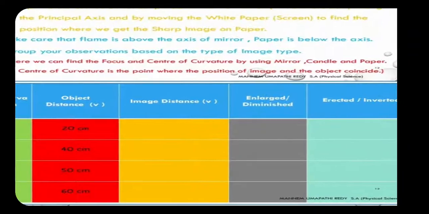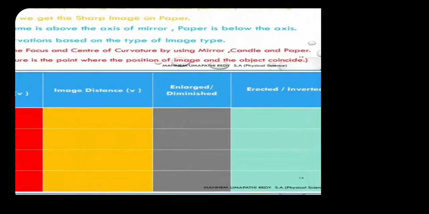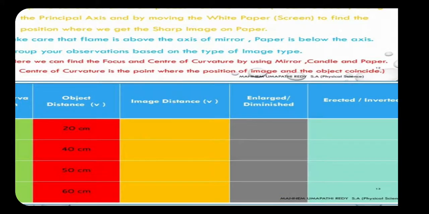Then in the table you note the serial number, object distance, image distance and type of image. What did you observe from this experiment? We observed the object distance, image distance, and type of image. Okay? This is about the first part of our lesson.